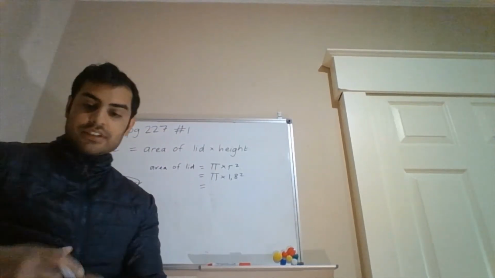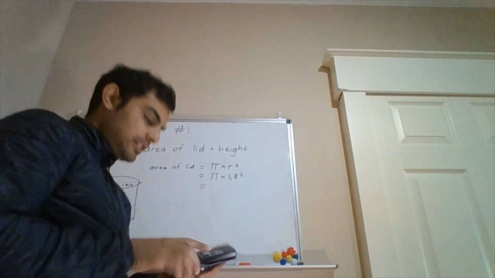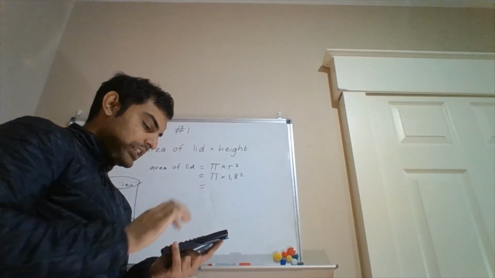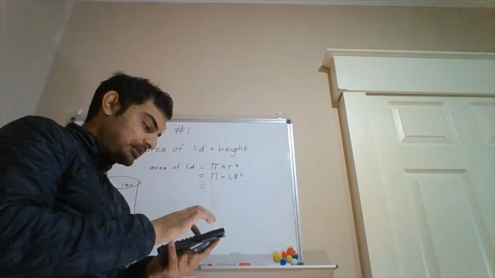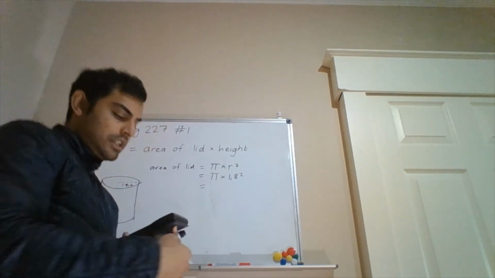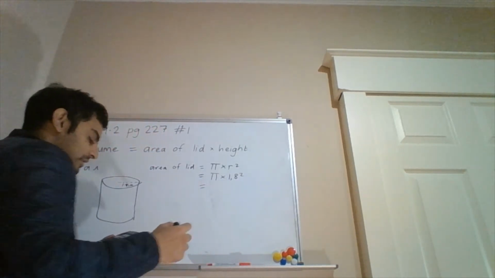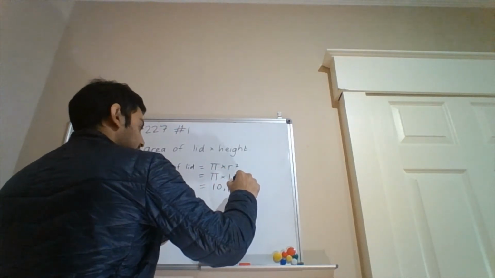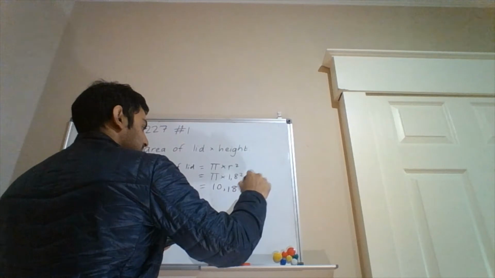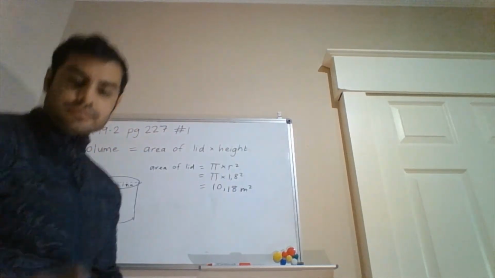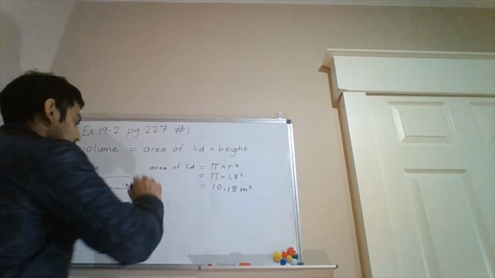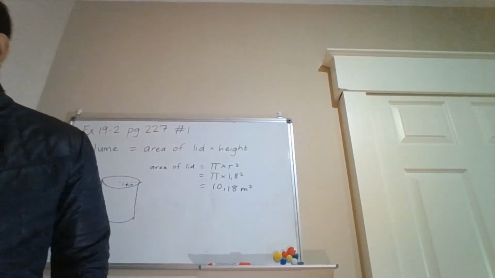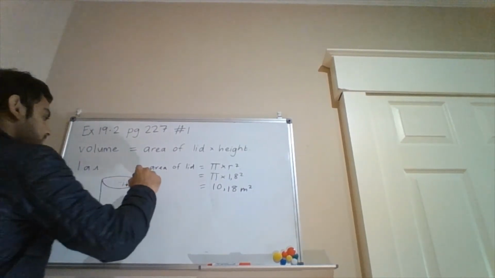Let's see what this gives us. 1.8 squared times pi. So I get 10.18, and our unit is meters squared. The value of our height is 2.5 meters.